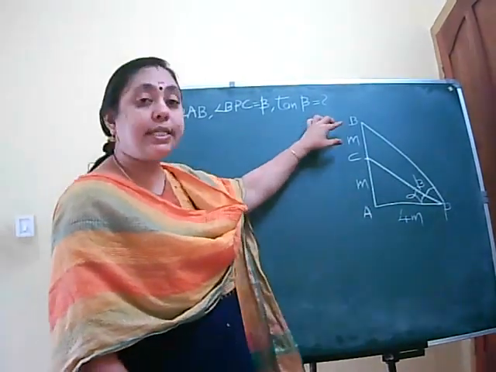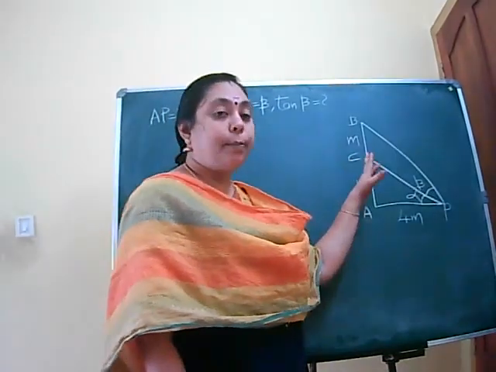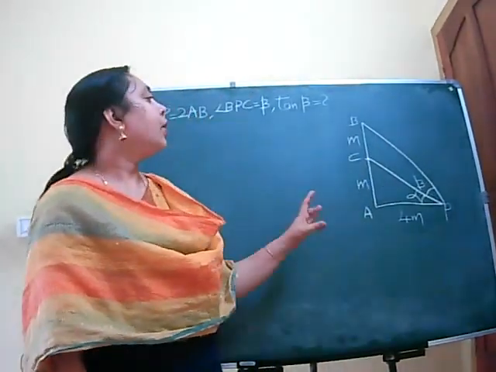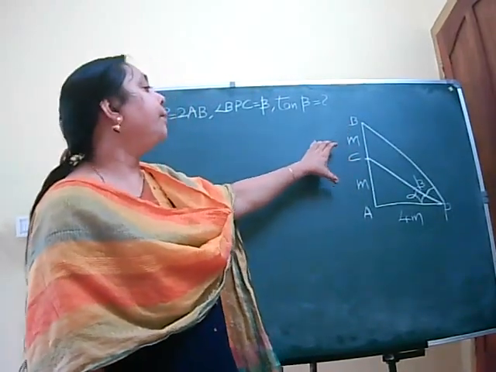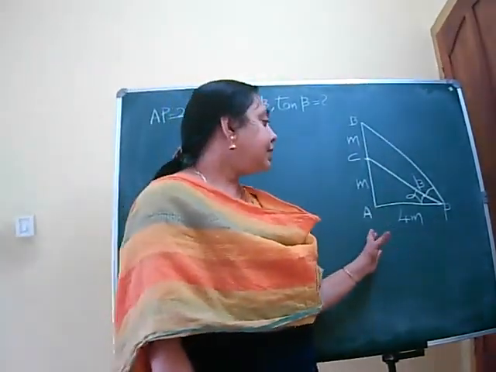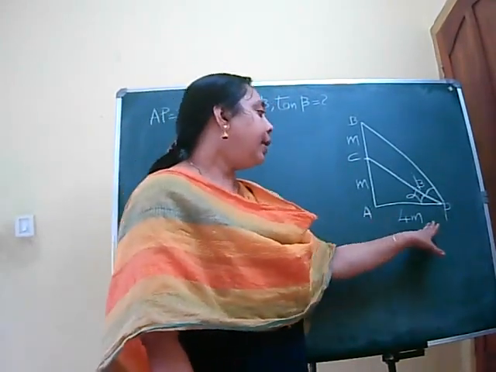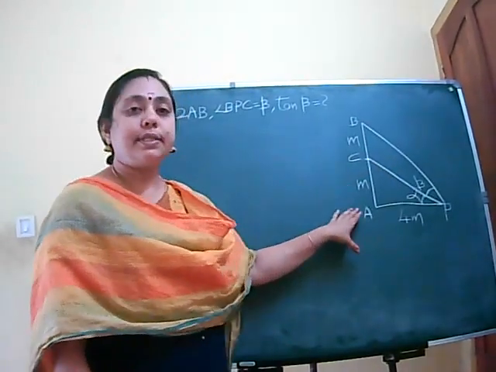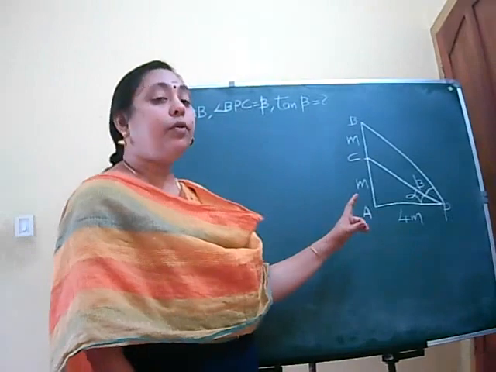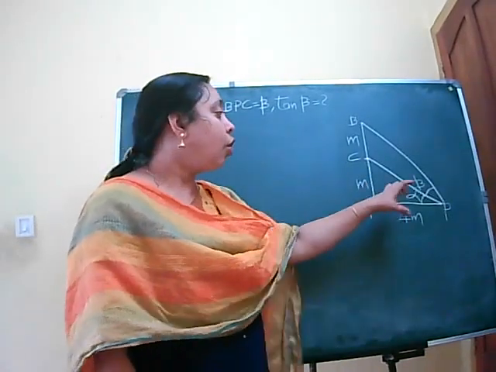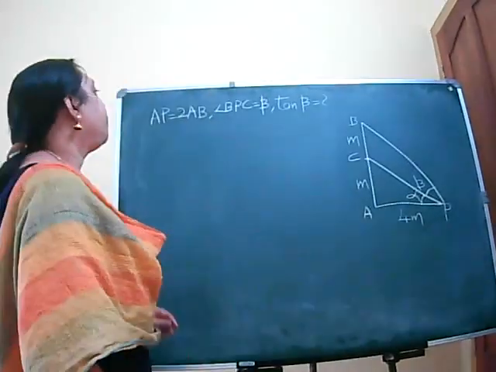Then this distance is also the same since C is the midpoint of AB. Now the whole distance AB is 2m, so the distance AP is 4m since AP is 2 times AB. Okay. Now we find the tangent of this whole angle alpha plus beta.